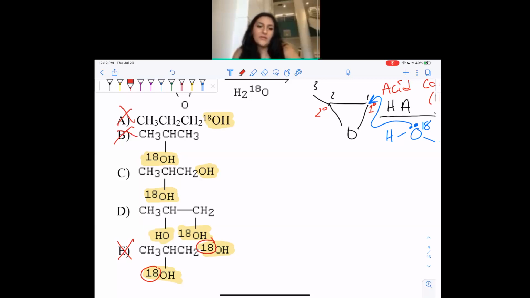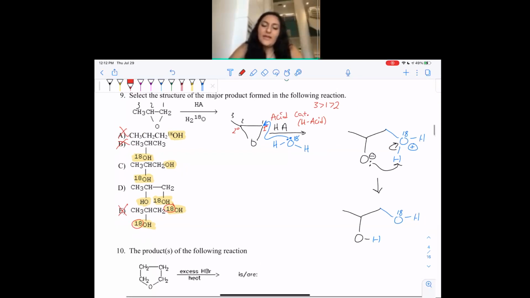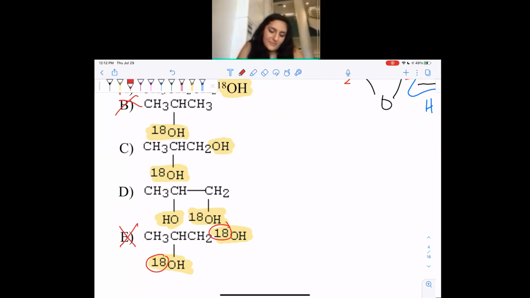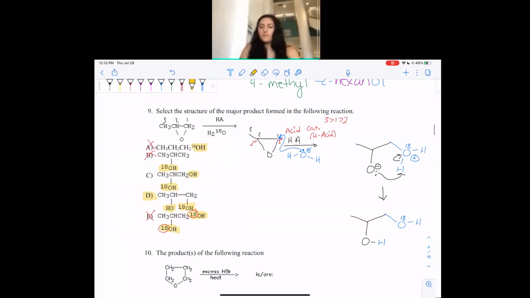Now we're stuck between C and D. We know that we added O18 to the primary side, so we need to go with the answer choice that has O18 primary, and that would be D. Any questions?